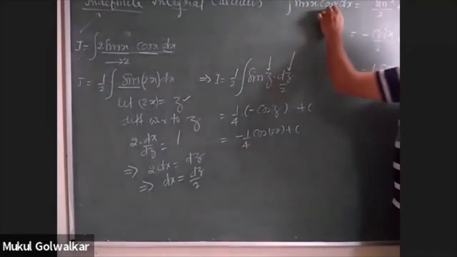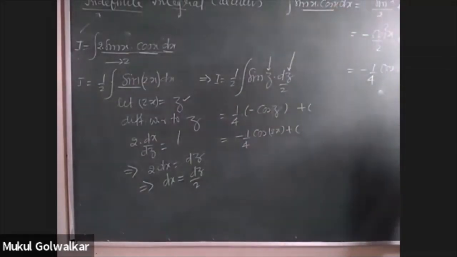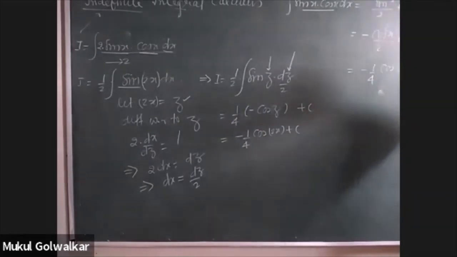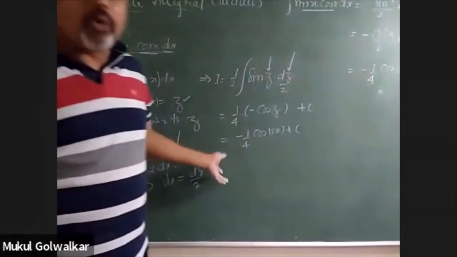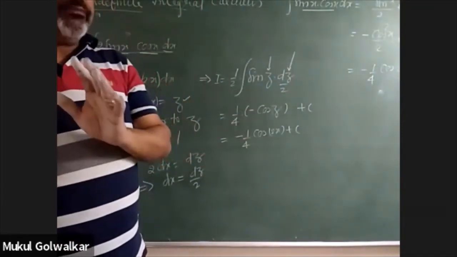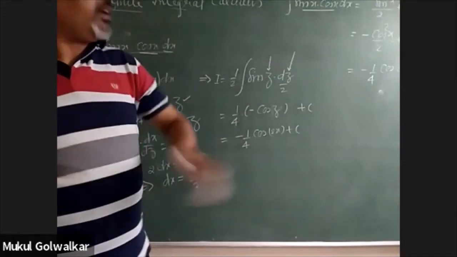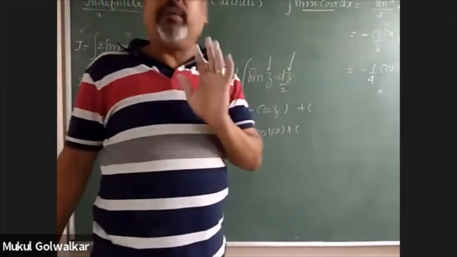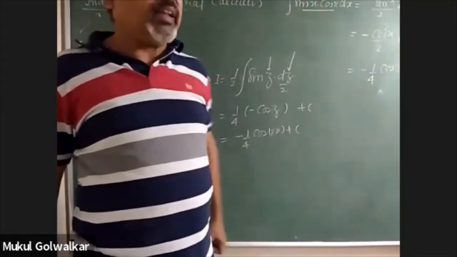Okay. There was only one question, integration of sin x into cos x, and I have provided you 3 different answers. And you should trust, you should believe that the method we have followed is perfectly logical. So how to verify whether we have committed some mistake or not?